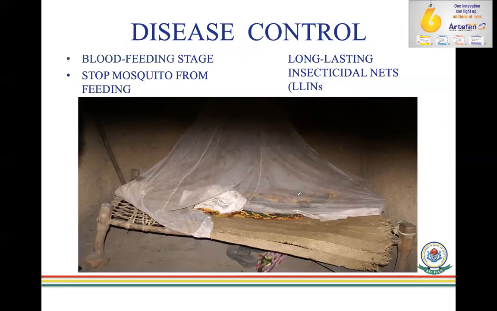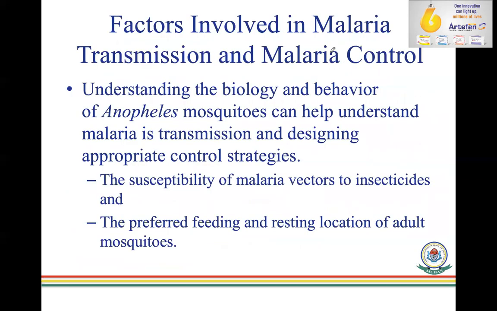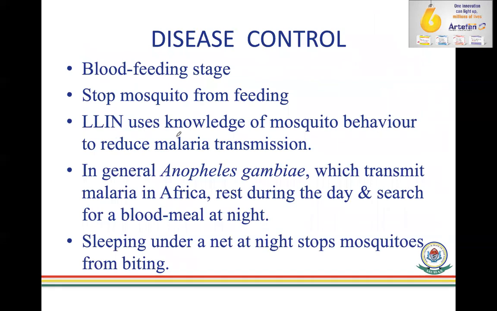The disease controls include targeting the blood-feeding stage to stop mosquitoes from feeding, and you would have long-lasting insecticide-treated nets. You would also need to consider environmental modifications that are important when you're understanding the biology of the parasites.